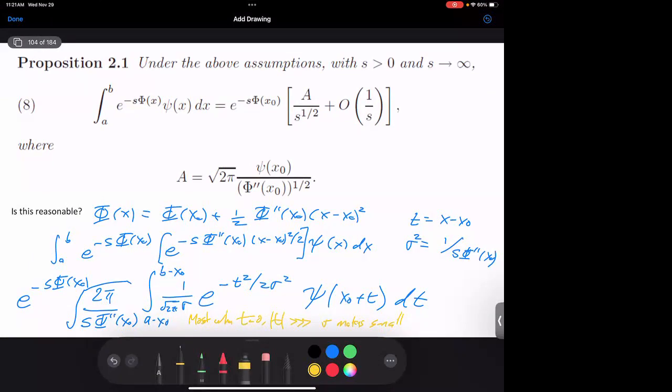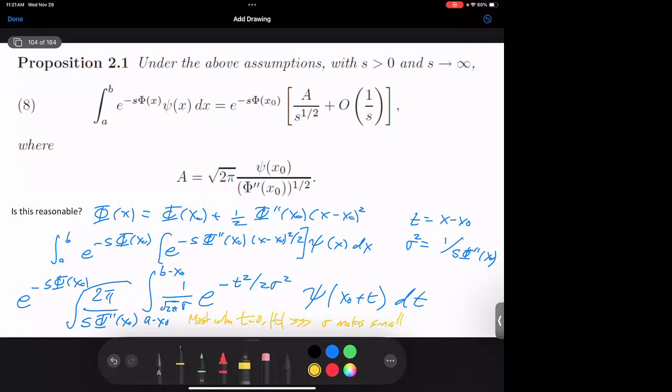So if t is less than sigma, then t over sigma is going to be small. I'm going to have something that's like e to the 0, and I would expect it to still be contributing and to still be on the order of 1. Once t is larger than sigma in absolute value, I now have the exponential of a very large negative number, which should essentially be 0. So when I look at this integral, I really don't expect there to be much contribution once t is a little bit larger than sigma.